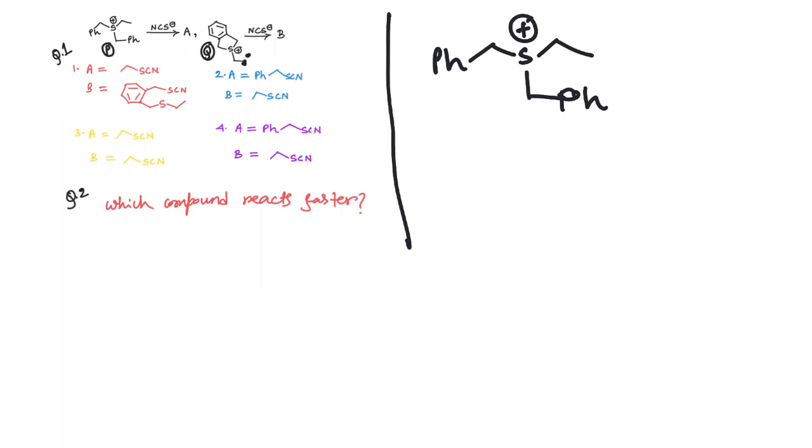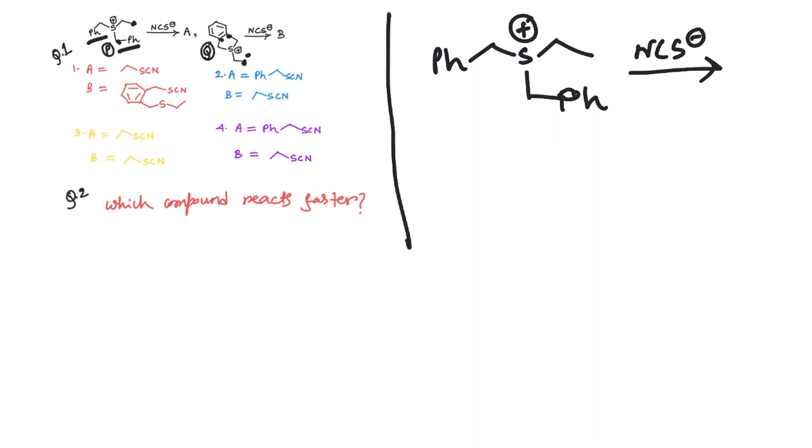One ethyl group is there in both cases, and the other is an aryl group. On this side an aryl group, and here also some benzyl group. So connectivities are same, so is there any difference, that we have to see.